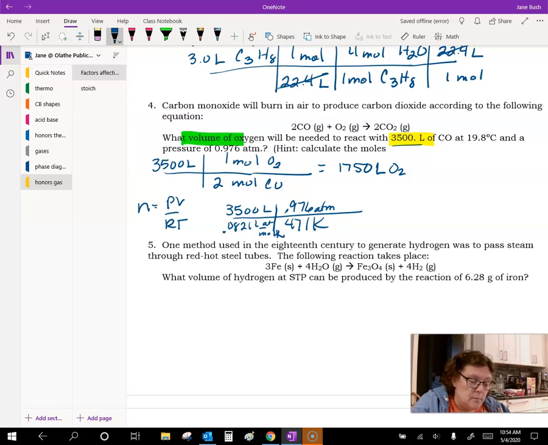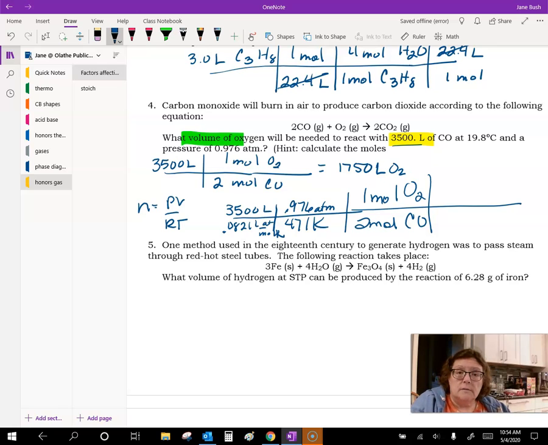So then we would apply the mole ratio, 2 moles of CO to 1 mole of oxygen, and then we've got to find volume again. Since it's not at STP, we can't just assume 22.4, but we can plug all this information in.